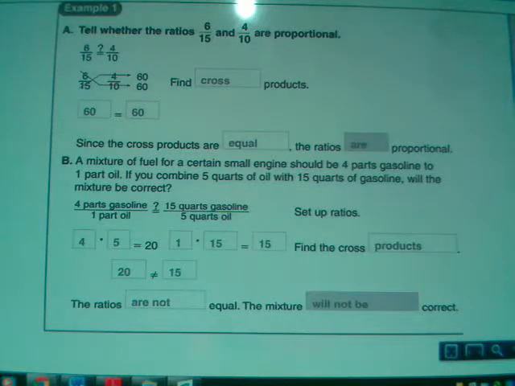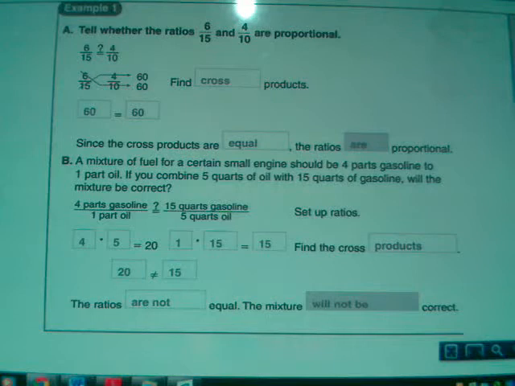Now, one of the things you have to notice is that in the first sentence, in that comparison, they said 4 parts gas to 1 part oil. And then in the second sentence for that comparison, they started off with the oil number and then gave gas. You have to make a decision. If you want to write it like the first one, 4 parts gas to 1 part oil, you have to write the second comparison the same way, with the gas number first and the oil number second.